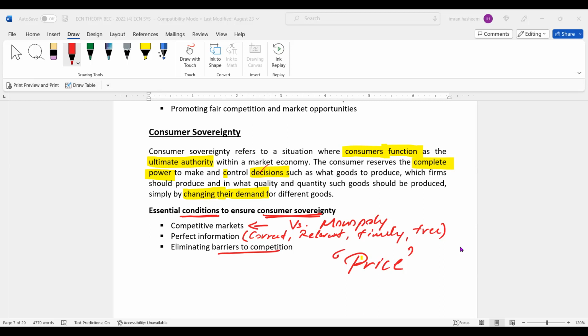Then you can expect to have a market economic system with high levels of consumer sovereignty, provided the market is very competitive. And any barriers in terms of rules, regulations, anything stopping or discouraging a new firm from coming in and creating more competition is eliminated or removed. Then that particular outcome can be achieved. Is that clear? Meaning consumer sovereignty can be achieved.